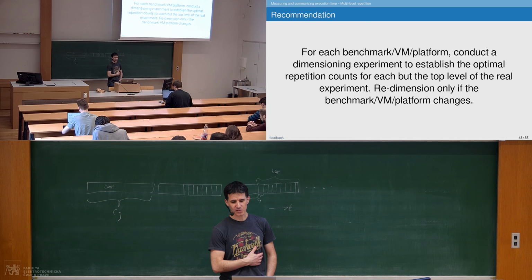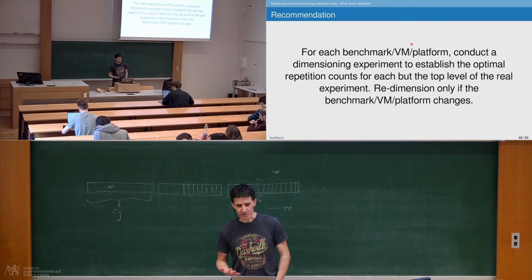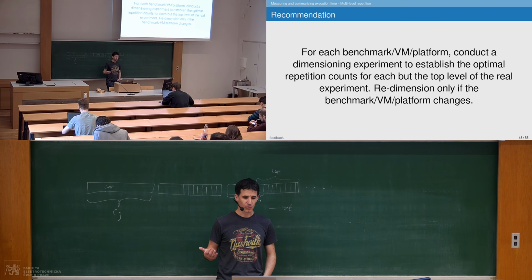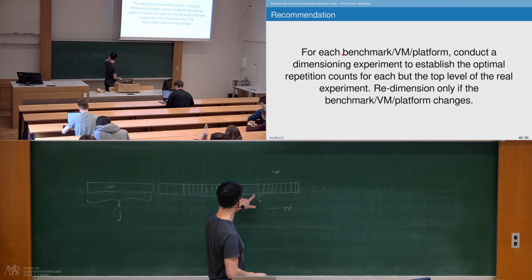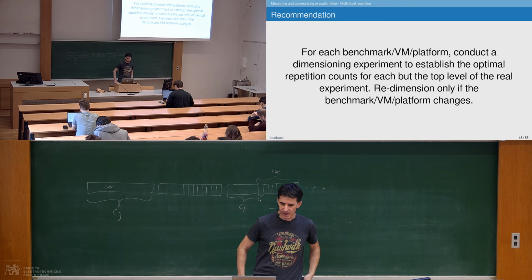So to summarize this part, the recommendation is, whenever you benchmark, you first at the beginning conduct some kind of dimensioning experiment where you measure these overheads of different levels of repetitions.